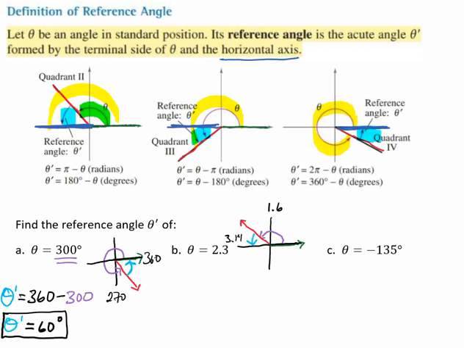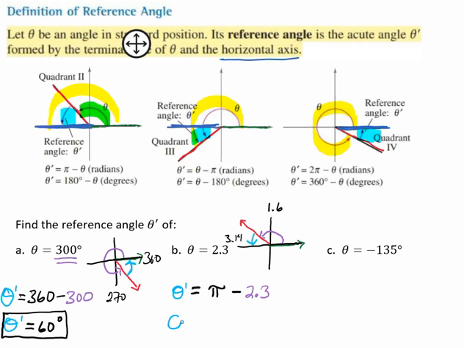So in this particular instance, it might be helpful to use our first example in quadrant 2. So to find our theta prime, we are going to take the 180 degrees, because we haven't quite gotten there yet, and we're going to subtract our angle of 2.3. Now remember, it's not really 180 degrees, it's really, in this instance, pi.